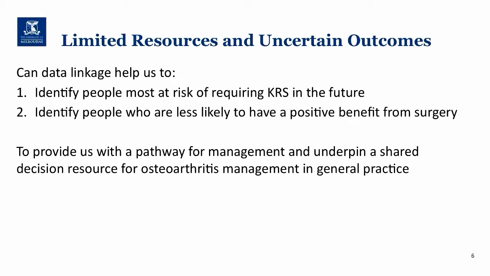And can we also identify people who are less likely to have a positive benefit from surgery, to help us to provide a pathway, not at the point where they've already been referred to the surgeon, but years prior to that in the community, in the general practice setting, so that we can have a pathway for management and maybe even underpin a shared decision resource for osteoarthritis management in general practice.